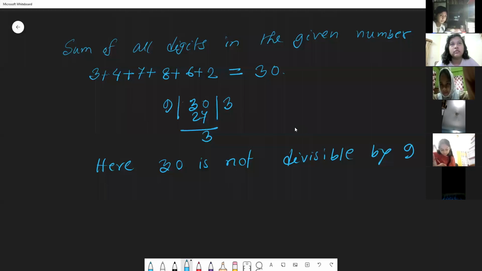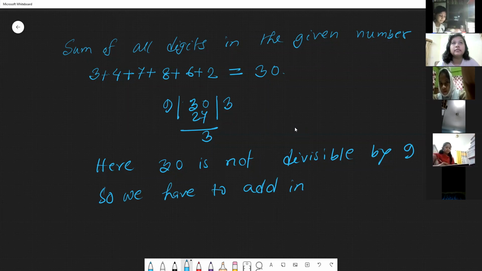So we have to add a number. The answer will be 6. The answer will be the difference between the divisor and the remainder. Here the divisor is 9 and the remainder is 3, so the answer will be 6.